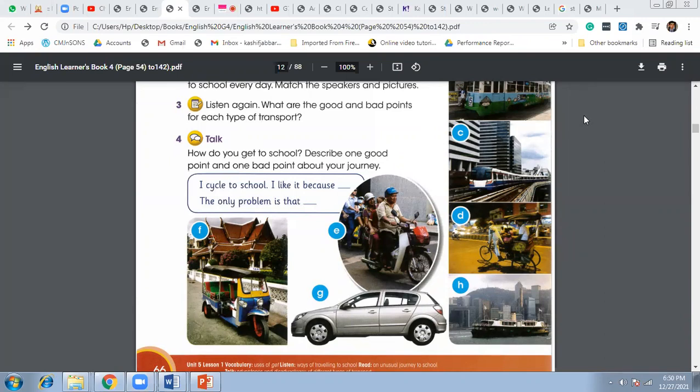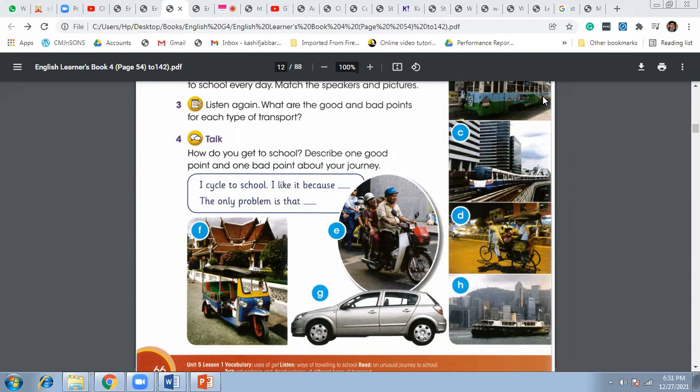So tell me, in all these pictures, which one is your favorite type of transport? Which one? G and H and C and B. H. Okay.